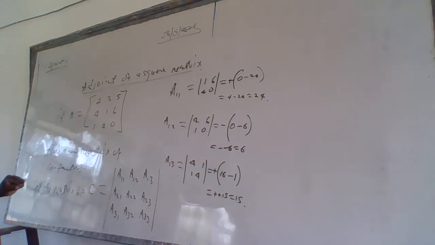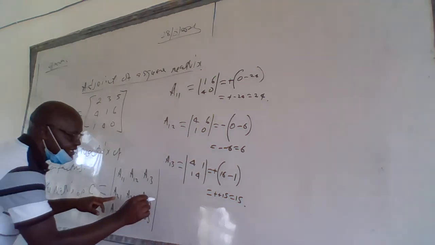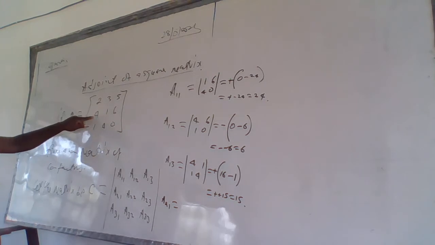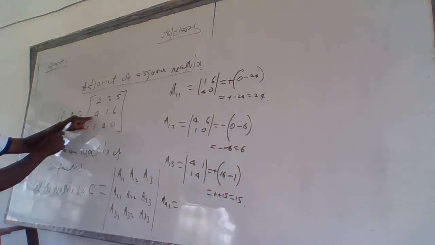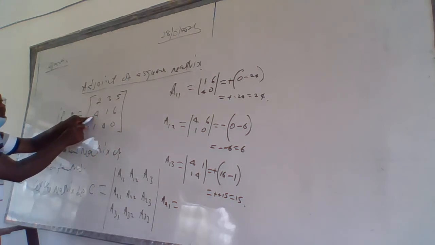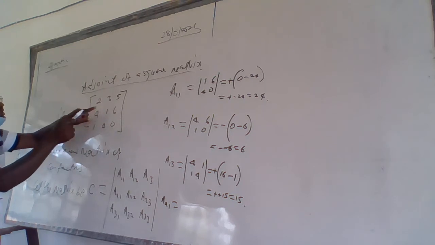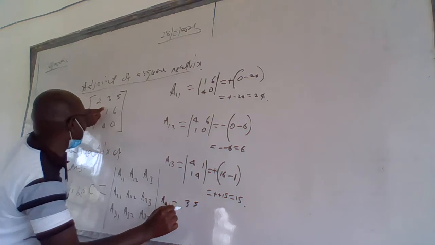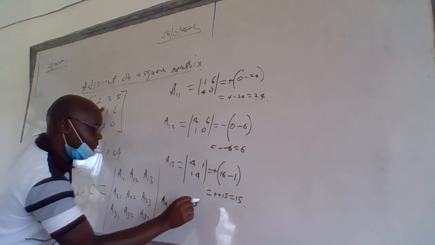We move on to the second row, which is A21. A21, we are on 4. Okay. So what is the minor for element 4? 3540.